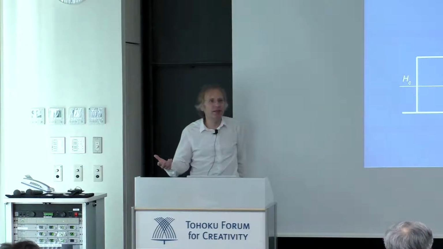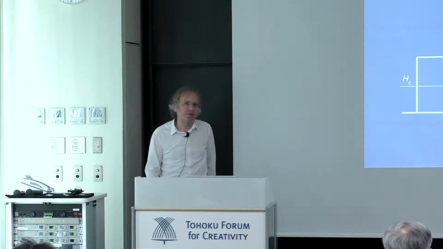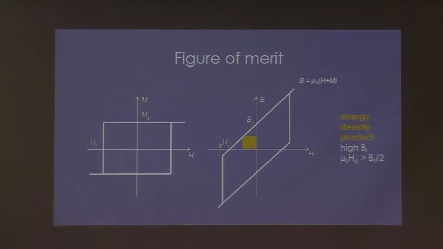If we design a permanent magnet on a computer, we need to think about a figure of merit. And one of these figures of merit, which is very important, is the energy density product. If we look at a permanent magnet, we can measure the hysteresis loop. So we measure the magnetization as a function of the applied field. This is what you see on the left-hand side.